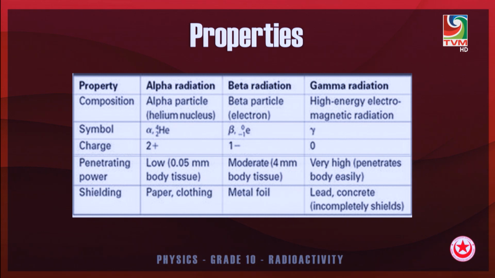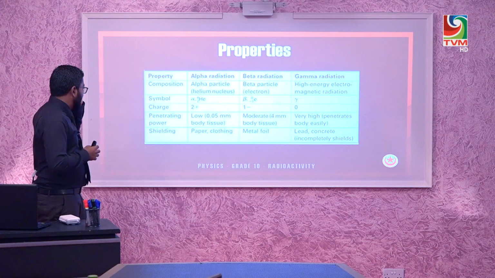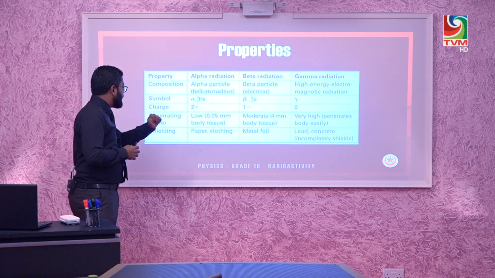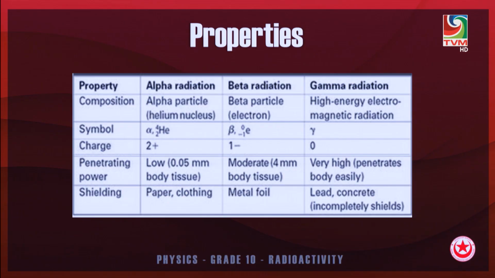Beta radiation has a moderate penetrating power since it is very small compared to alpha, and gamma radiation has a very high penetrating power. When we talk about shielding, alpha radiation can be stopped by cloth or paper, beta radiation can be stopped by metal foil, which means around 3 millimeters of aluminum, and gamma radiation can be stopped by lead or concrete.